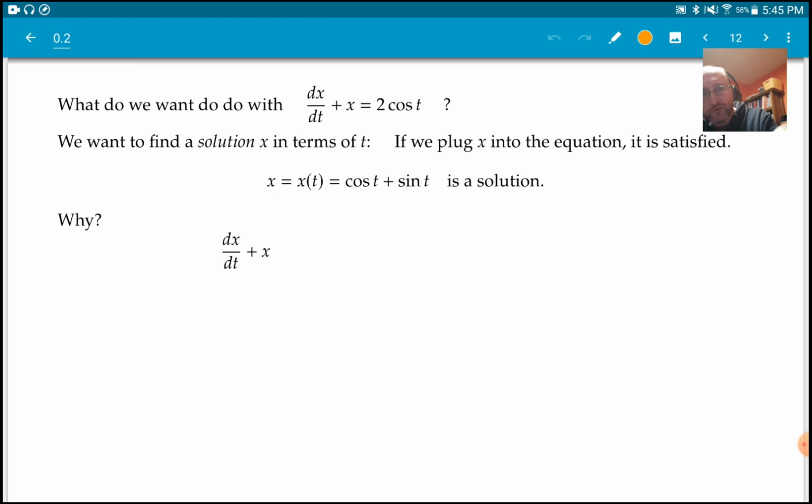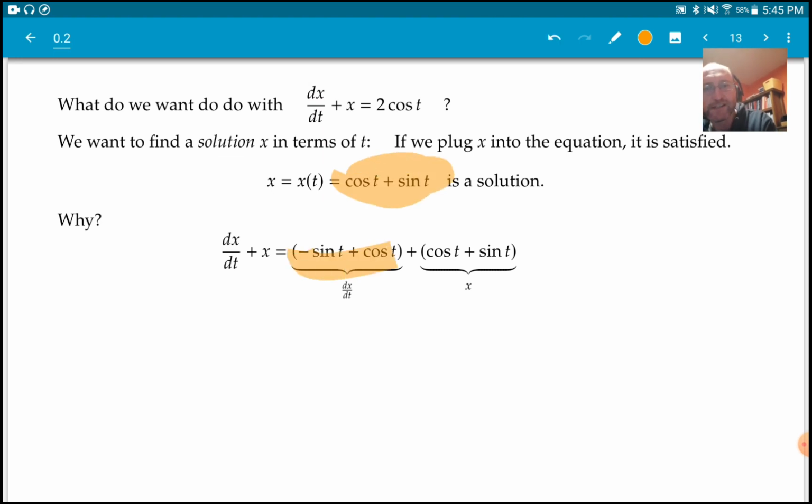Let's start on the left-hand side. I have an equation, so compute the left-hand side, compute the right-hand side, are they equal? The right-hand side is already in terms of t. The left-hand side is in terms of x. I know what x is, so I plug that in. If I take the derivative of this expression, it's minus sine t plus cosine t, and then I have plus x, so that's cosine t plus sine t.